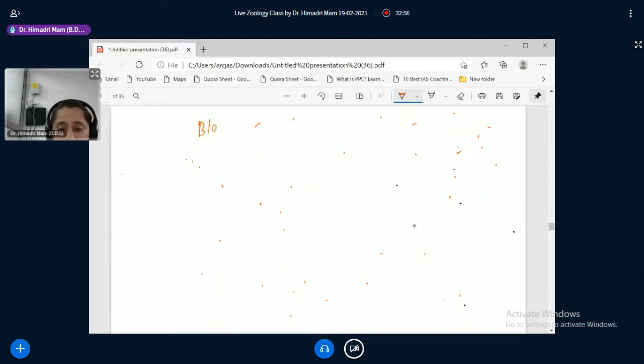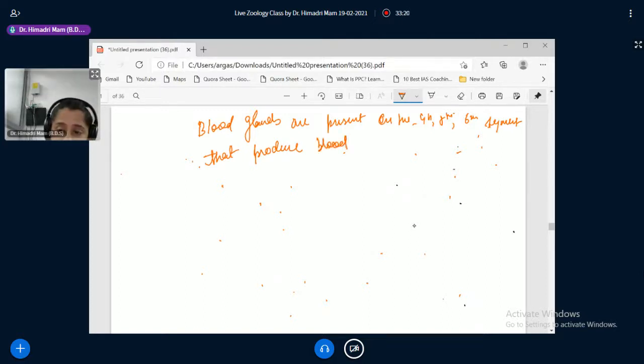Now, there are also blood glands present. We have the blood glands on the 4th, 5th and 6th segments. Okay, they produce blood cells and hemoglobin, which is dissolved in blood plasma.